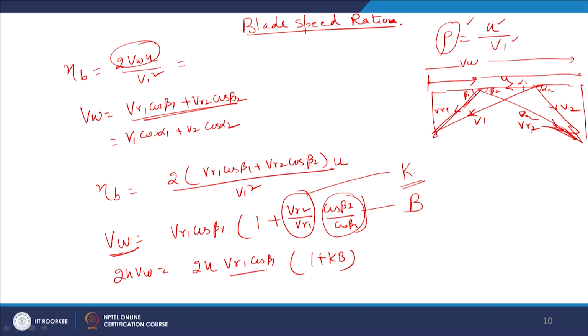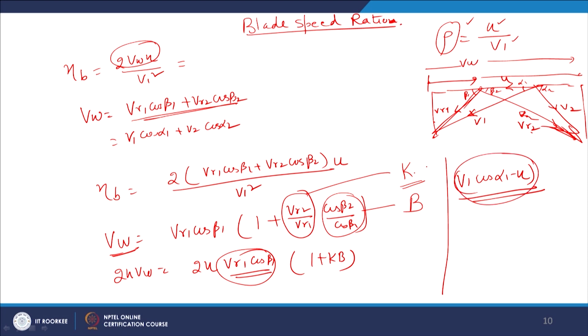Now VR1 cos beta 1, if you look at this diagram, is always going to be V1 cos alpha 1 minus U. So this can be replaced by this expression. So 2 U VW is going to be equal to 2 U (V1 cos alpha 1 minus U)(1 plus KB).